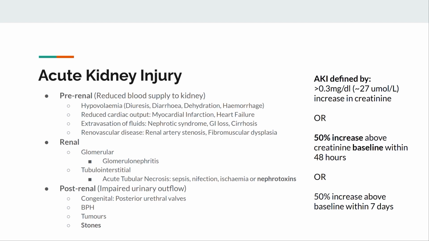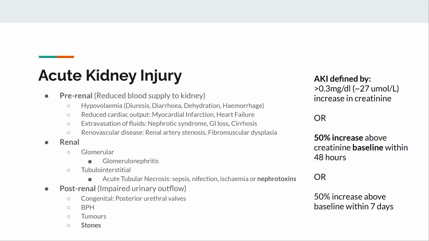Creatinine isn't freely reabsorbed in the kidney, so most creatinine that comes from muscle breakdown is filtered into the urine and then lost in the urine, whereas urea is freely lost in the urine but then also reabsorbed with water whenever you reabsorb water.